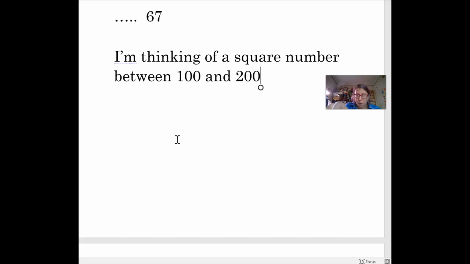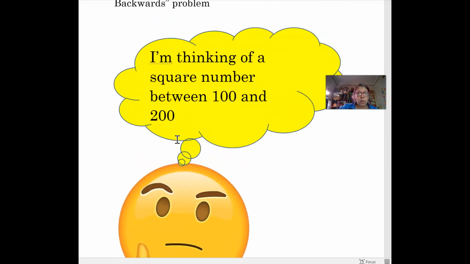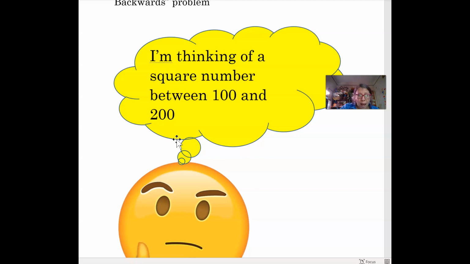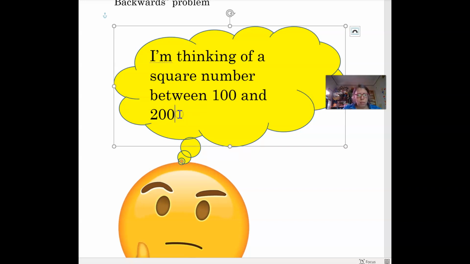So here, if I were doing this one, I should already have a number in my mind, right? A square number between 100 and 200. I should have in my mind secretly, what are some square numbers? Let's see. 121, that's 11 squared. 144, that's 12 squared. Say it's 144.